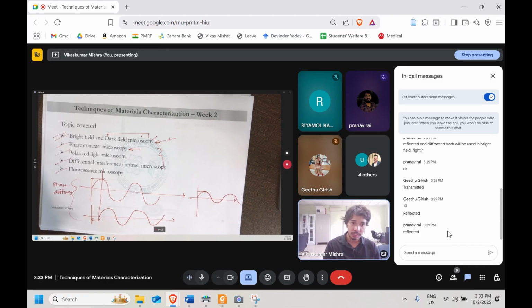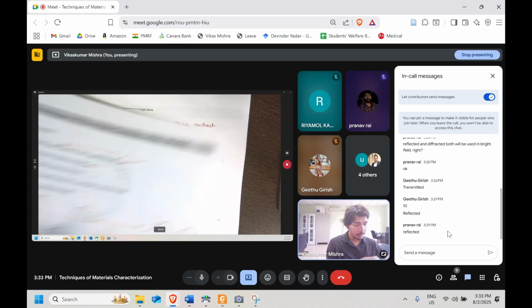Constructive interference will give the bright, and destructive interference will give us the black, and that is something visible to us. Remember, we just talked about how contrast is something visible to the human eye. So this is the principle.